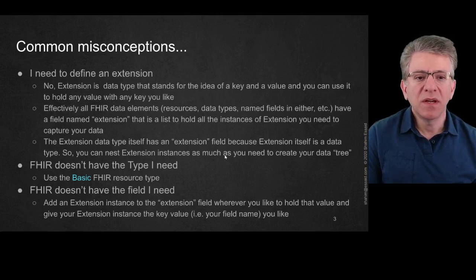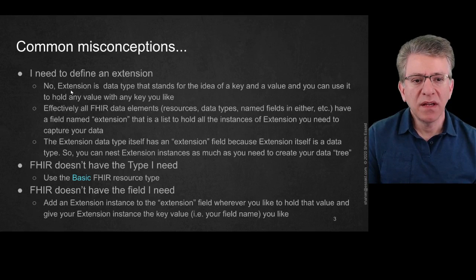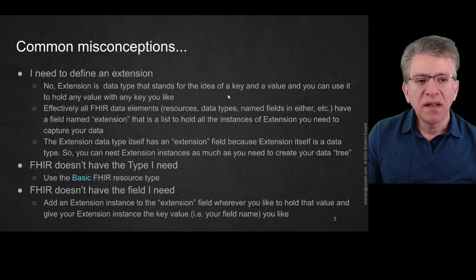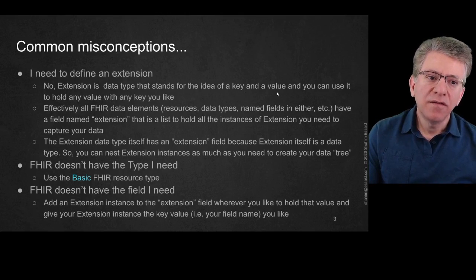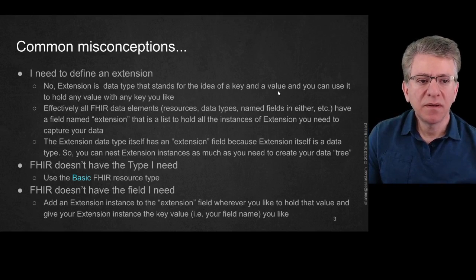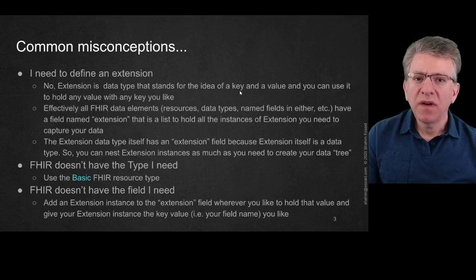Okay, and the reason is because the Extension, with capital E, and I should have linked to this, I'll link it in the slide, is basically a data type. It's a very simple data type, already part of the specification. It's a data type that stands for a key and a value, and this is a very common kind of representation of data. So you specify your key and you put your value in it.